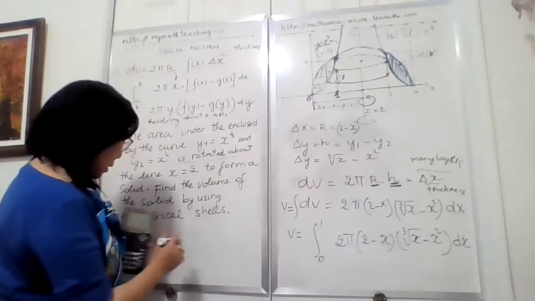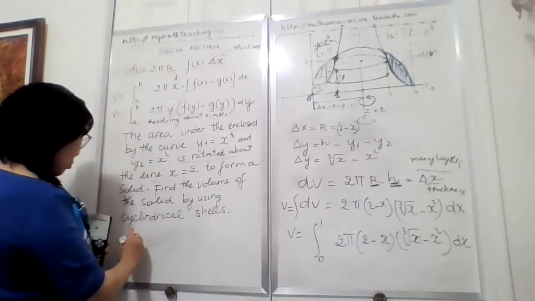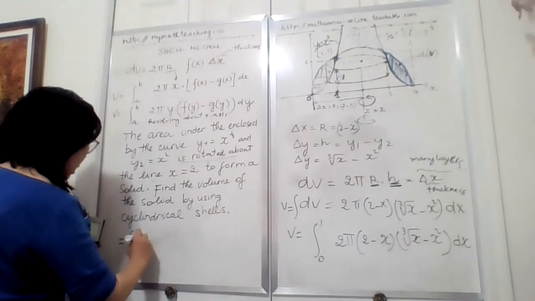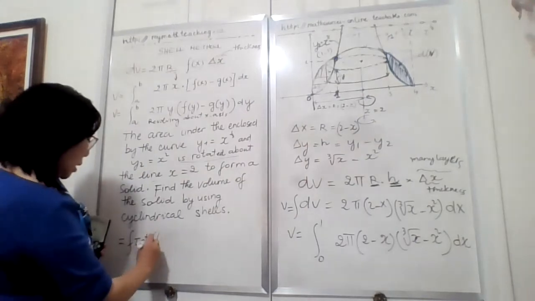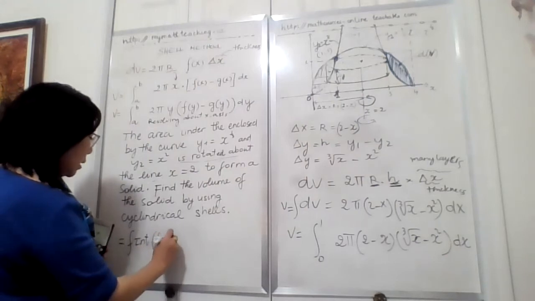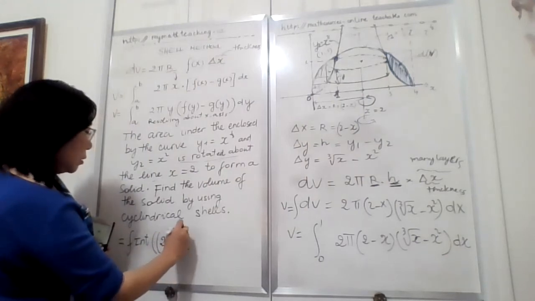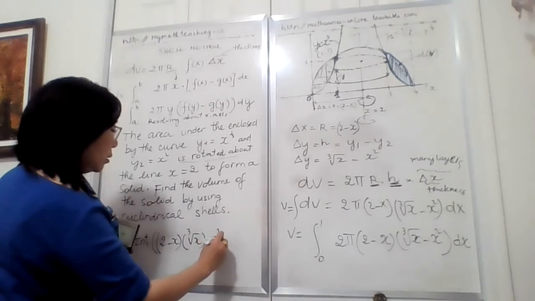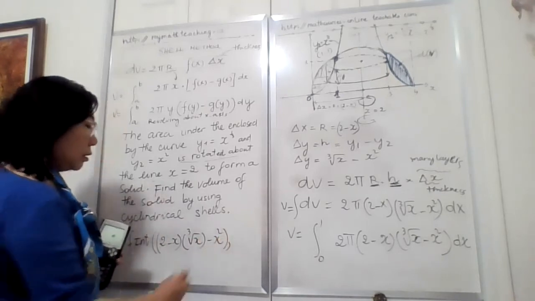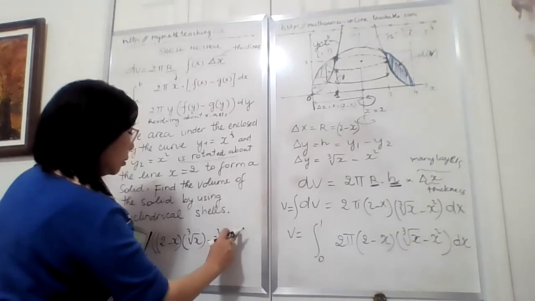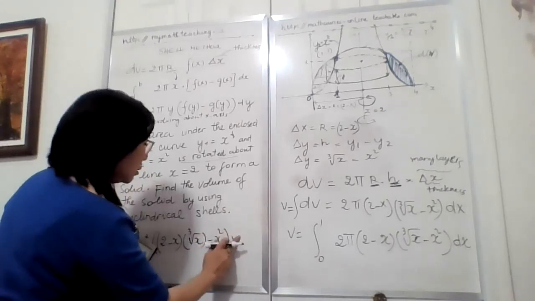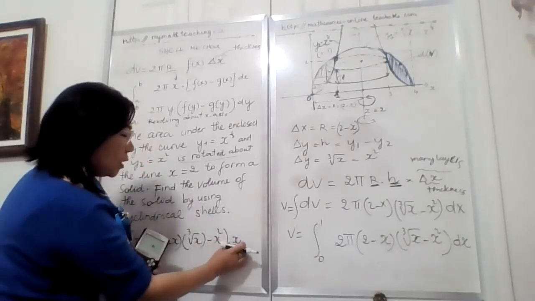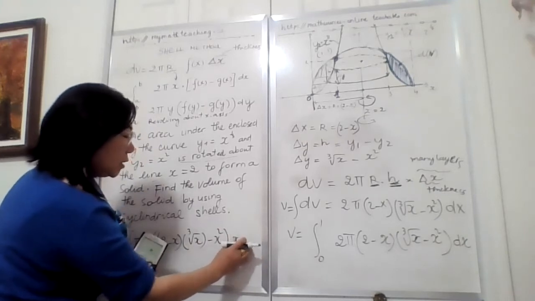So the way we do it on the calculator: fnInt, open the bracket and open two brackets: 2 minus X times the cube root of X minus X squared, close the bracket, put a comma, put an X. X is just the notation we put in the program to show that we're going to generate from the X interval, right?